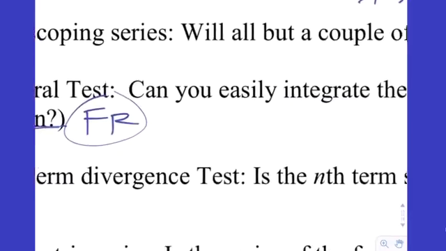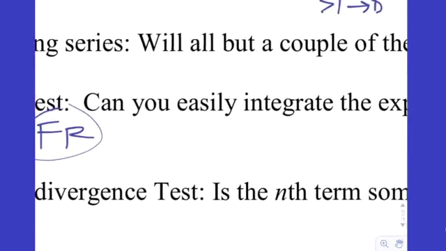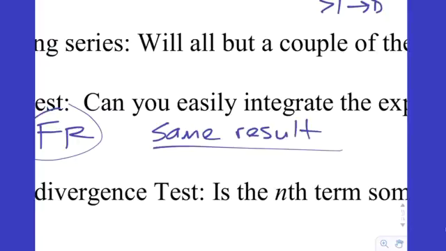Then we could say that we get the same result. If the integral converges, the series converges, but to a different number. And if the integral diverges, then the series diverges.